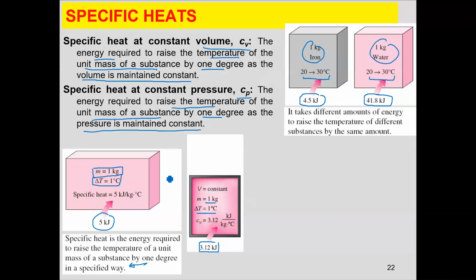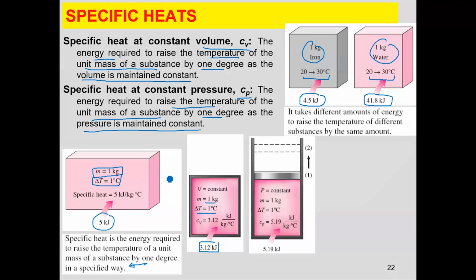Let's say it's helium. But for the same substance, if you have to raise the temperature by 1 degree, keeping the mass as 1 kg and your pressure constant, you would have to provide essentially more energy. Why?